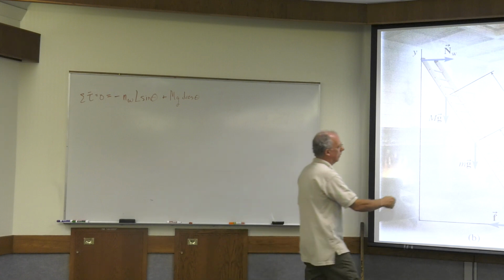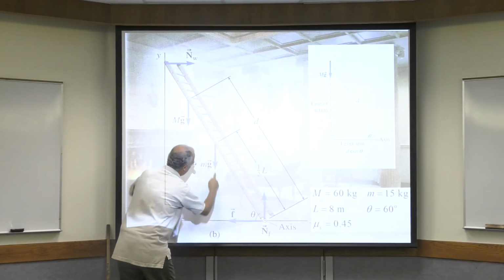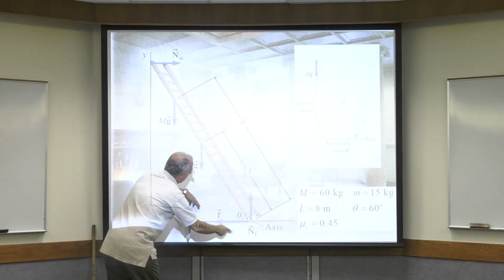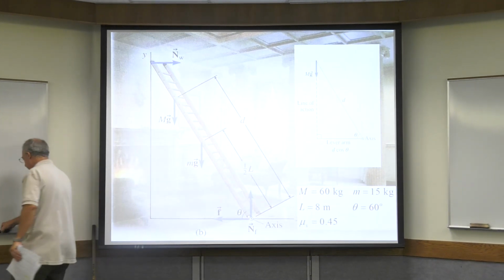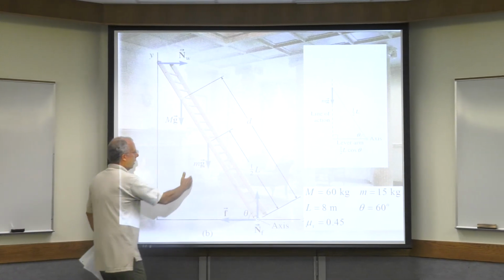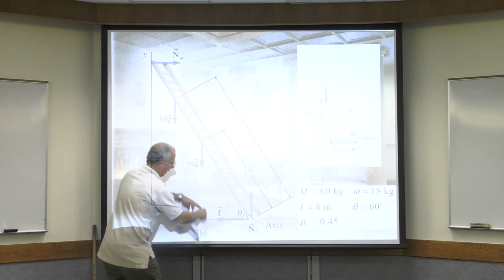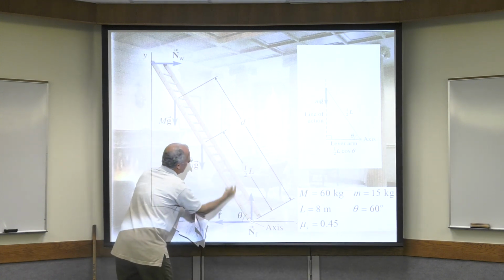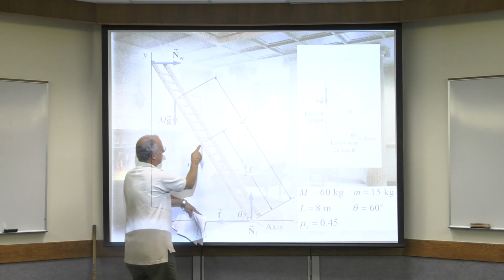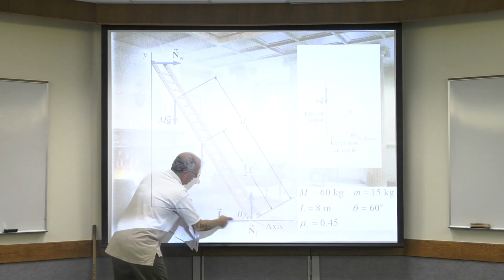Now let's do this one. Here's a force line. Here's the perpendicular distance, so let's look at the nice picture of it. Force line, lever arm. But what's this? This is just half of L, because this is the center of mass of the ladder. So this is L over 2, adjacent, so it's cosine.